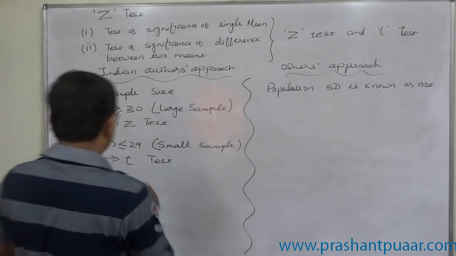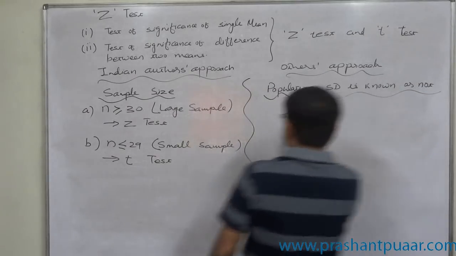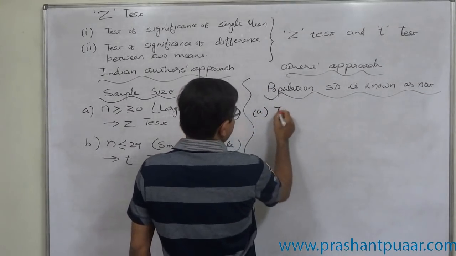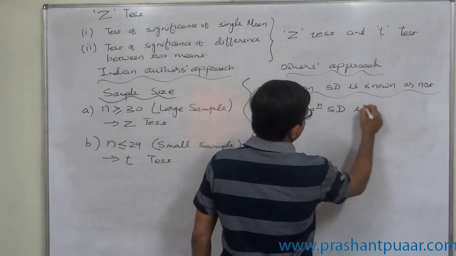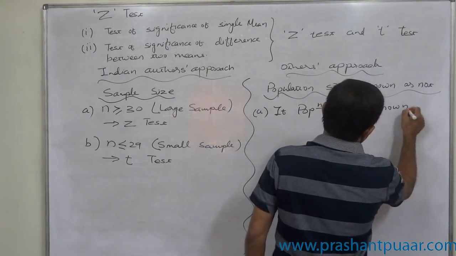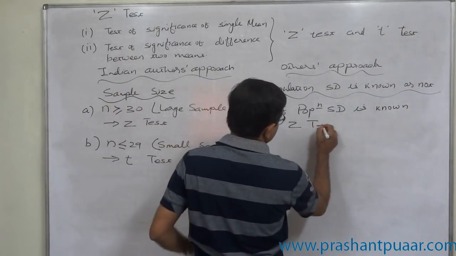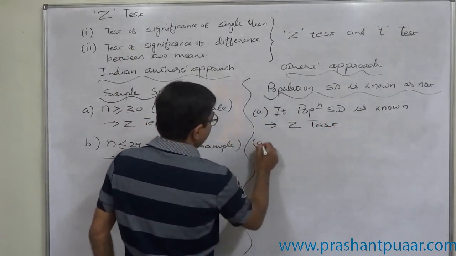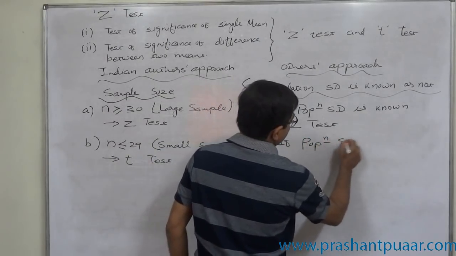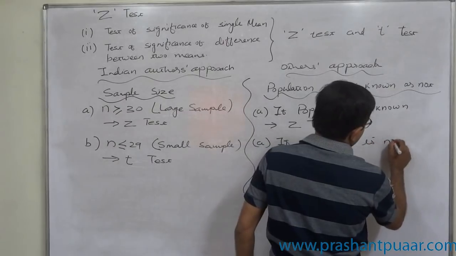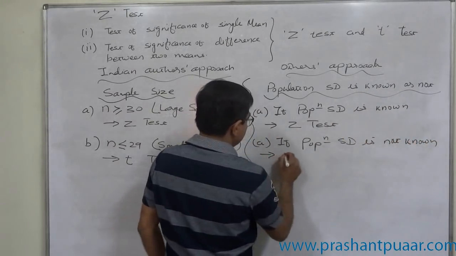That is the important thing. According to that approach, if population standard deviation is known, we should use Z-test in both of these circumstances. And if population standard deviation is not known, then we have to use T-test.